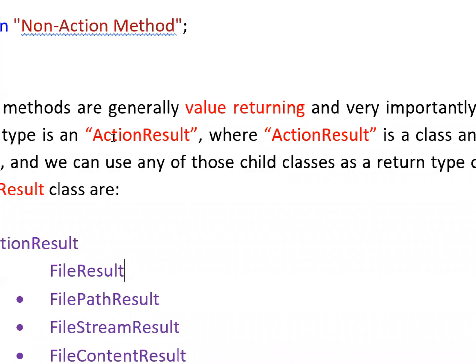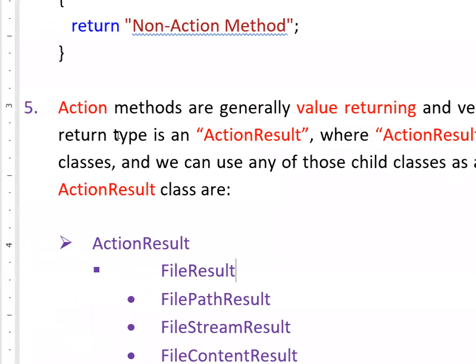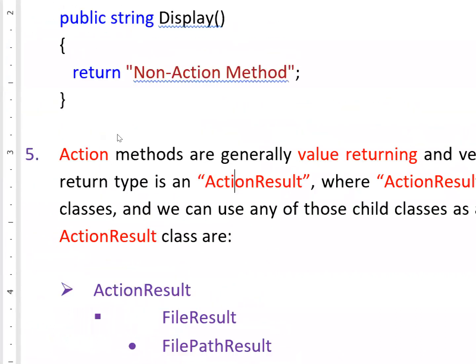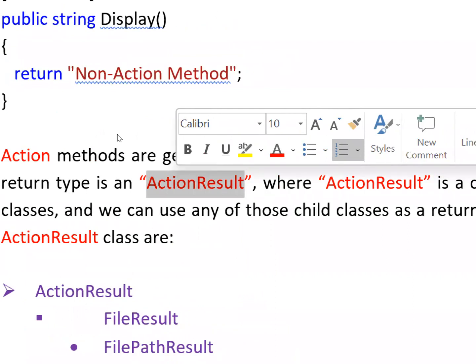Exactly here also. Under ActionResult, we have a set of classes. What classes? I'll show you. We can use any of these classes as the return type of your action method. Any such class is a return type of your method, and all of them are called action results. Is it clear?